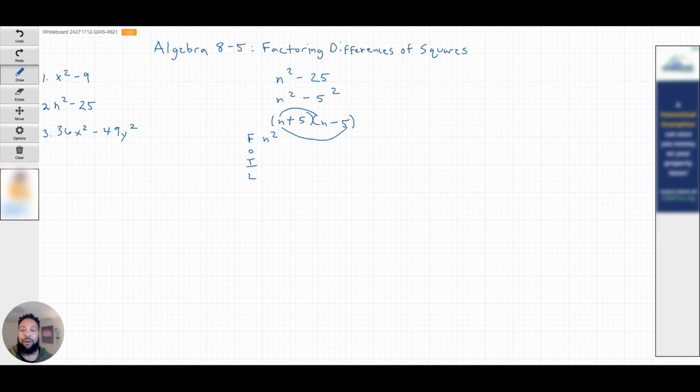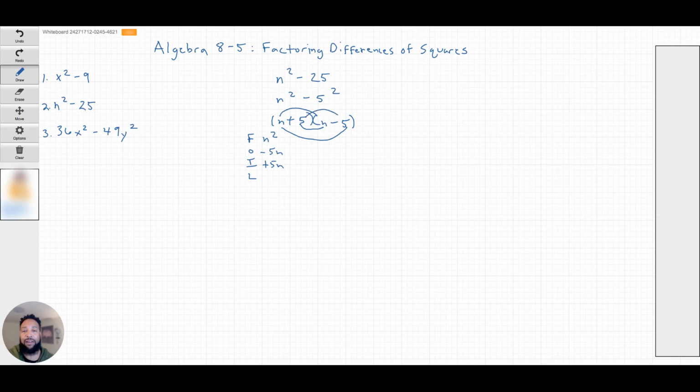Our outside variables is minus 5 times n, which is minus 5n. Our inside variables are 5 times n, which is a positive 5n. And then our last numbers are 5 times a negative 5, which is minus 25. That leaves us with n squared, the minus 5n and plus 5n cancel out, and we have n squared minus 25, giving us our original problem, which can also be written as n squared minus 5 squared.